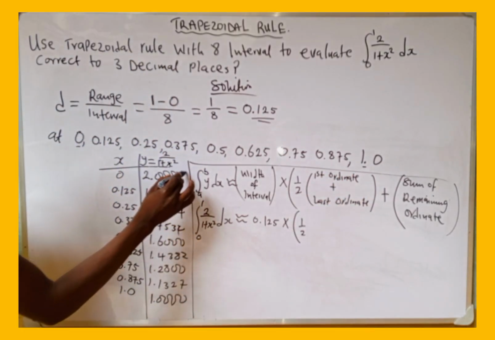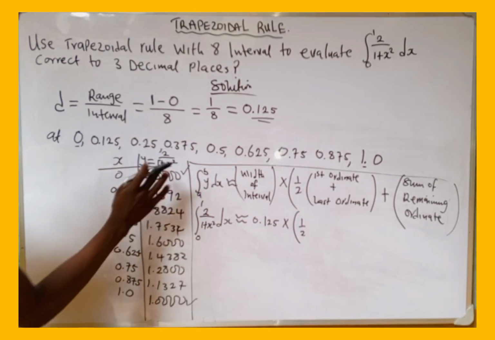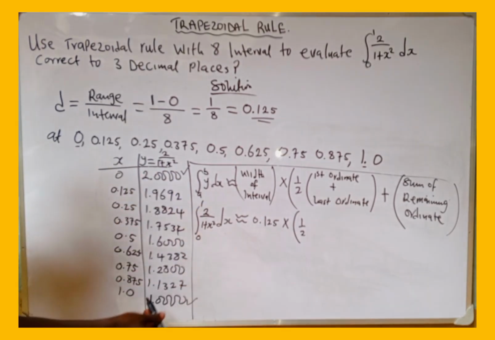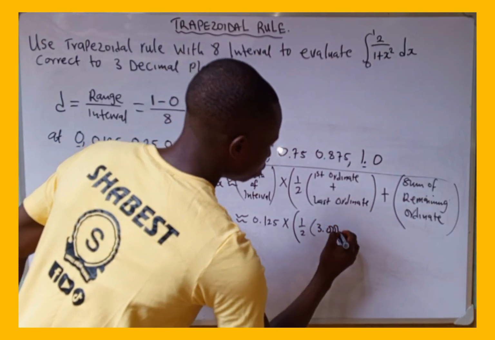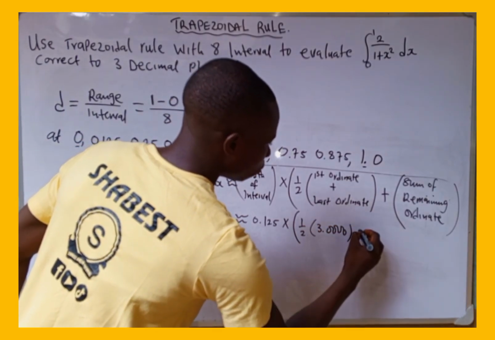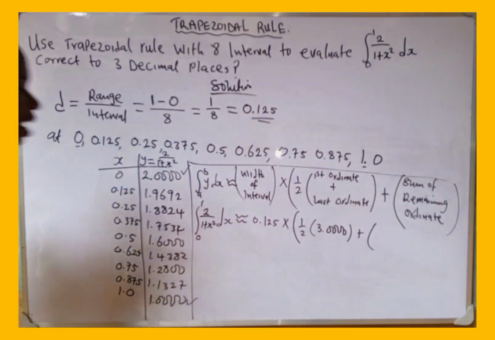This is the first ordinate and this is the last ordinate. So if you add them together, 2.000 plus 1.000 is going to give us 3.000.